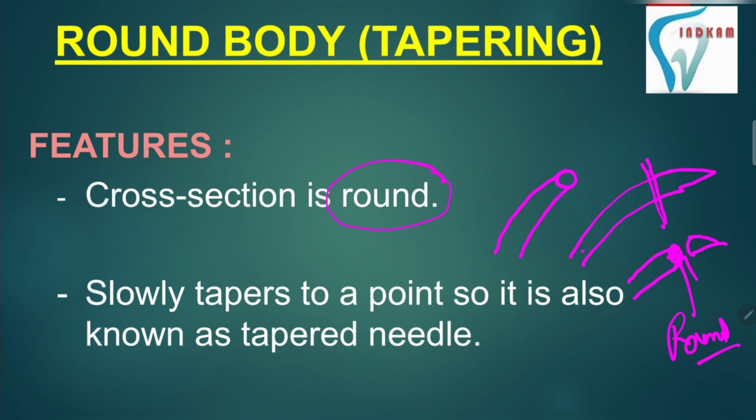Therefore it is called round bodied and also called tapering, because as you can see in the diagram, the needle is tapering at the end. It slowly tapers to a point, so it is also known as tapered, as I already showed you in the diagram.